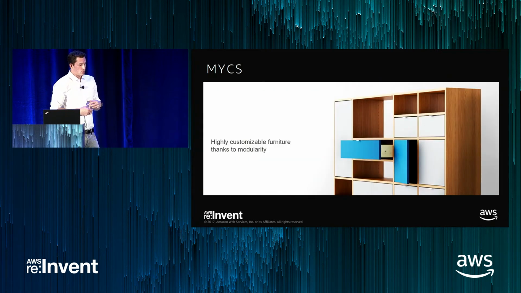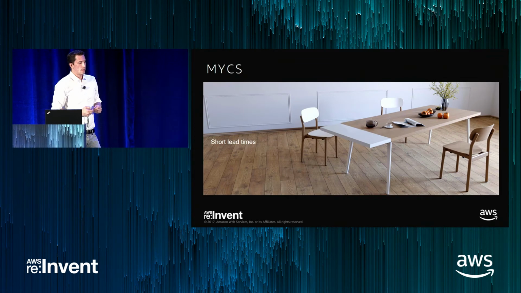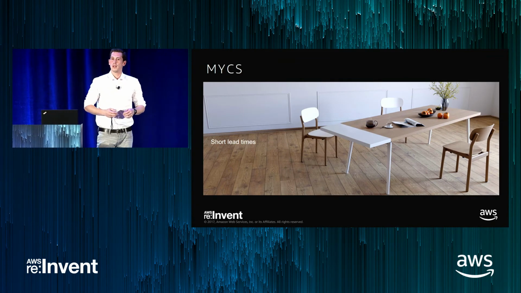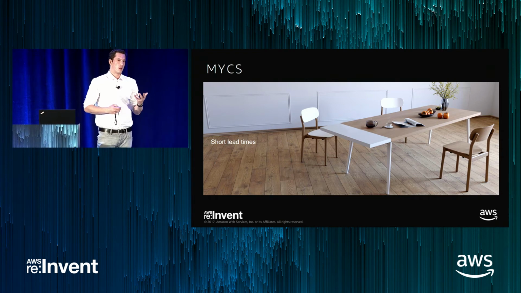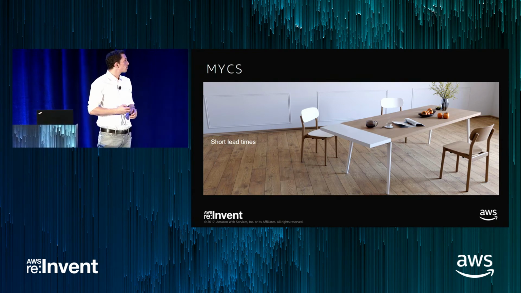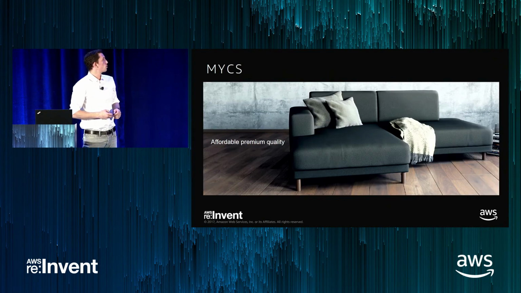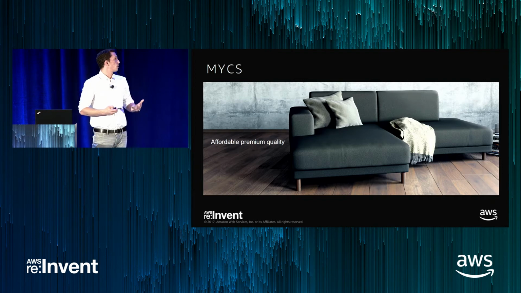And because it's modular, it allows you to have a big variety of products that you can build. And since it is modular, we have all the pieces in our warehouse, which allows us to have very short lead times, which is not common in the furniture industry. And it also makes our furniture affordable for a premium quality.